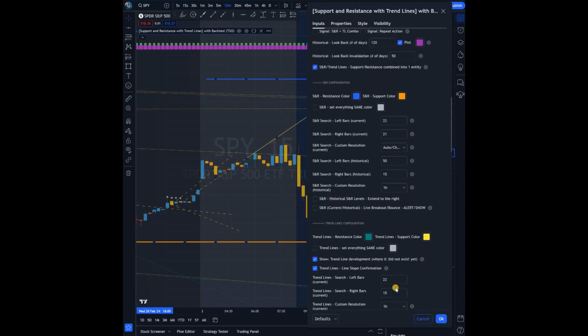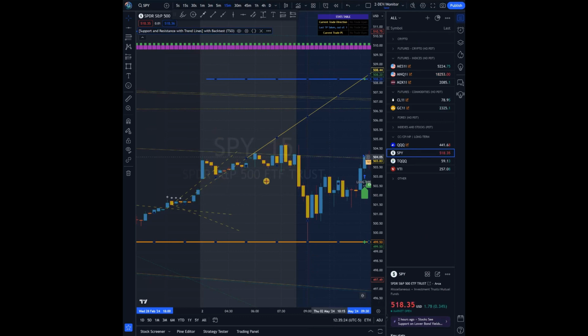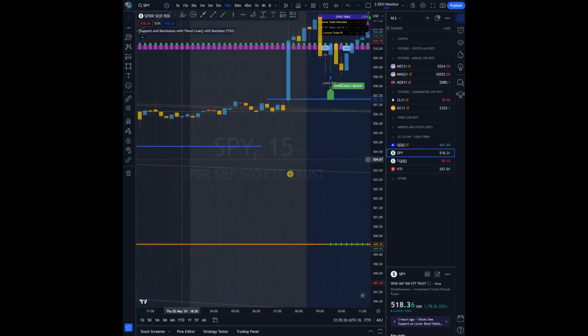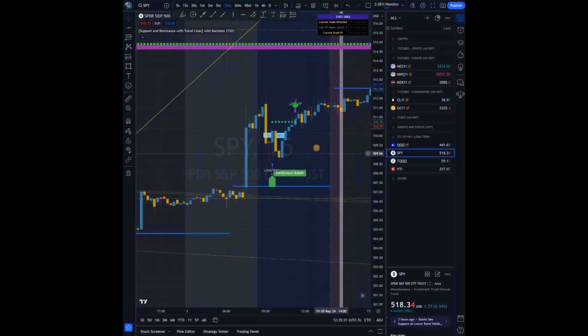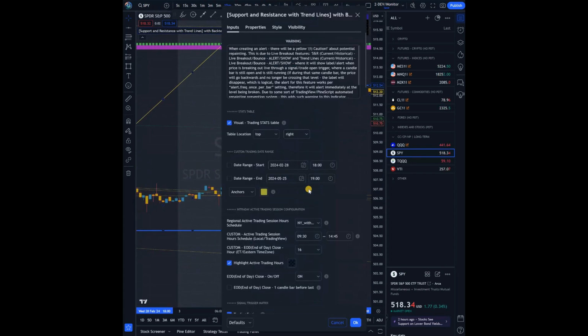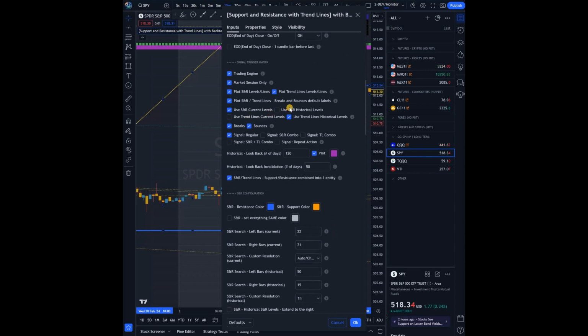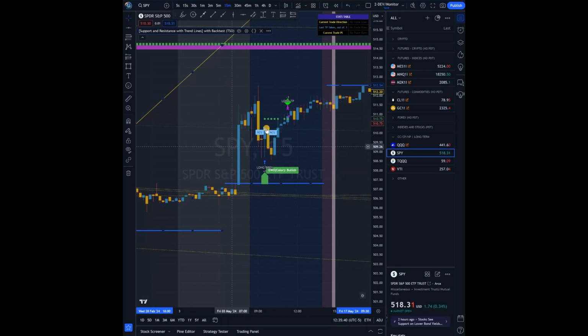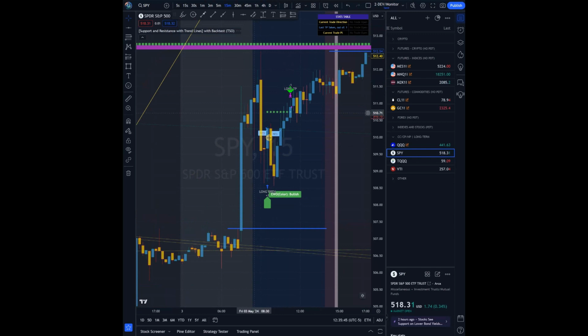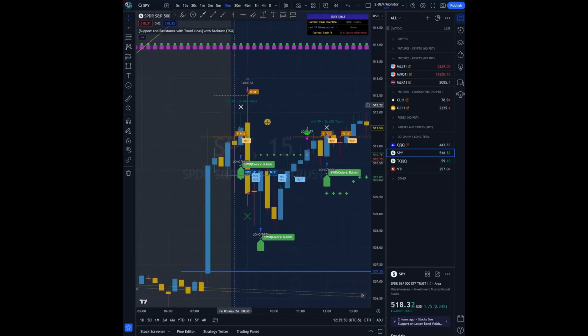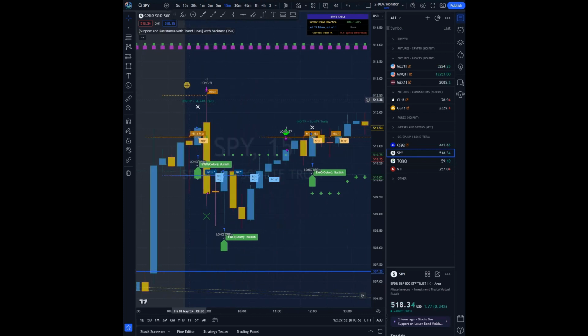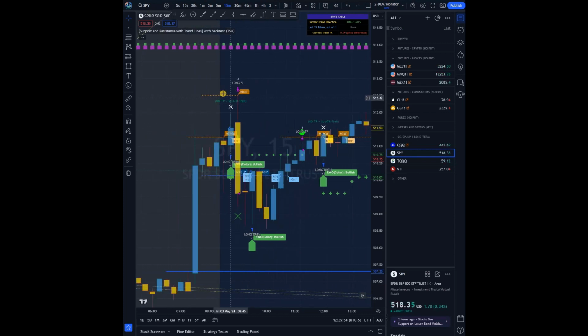Speaking of extending to the right, you can see right now some of them are extended, some are not. Let me switch this back on. Trend lines get extended only if they're getting crossed by default. Similar to support resistance levels, they're not extended, as otherwise it gets very messy.